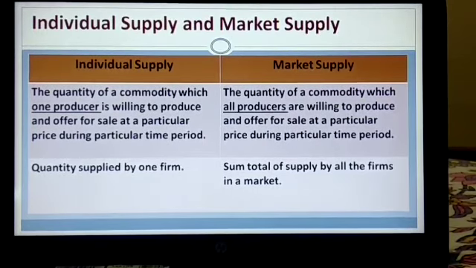Take the example of toothpaste. Pepsodent, for example, is a brand. So the supply by one single firm of Pepsodent is the individual supply, and supply by all the firms like Colgate, Pepsodent, Close Up and many more, the total supply of toothpaste by all these firms will be referred to as market supply.